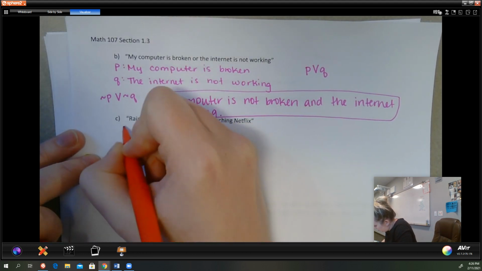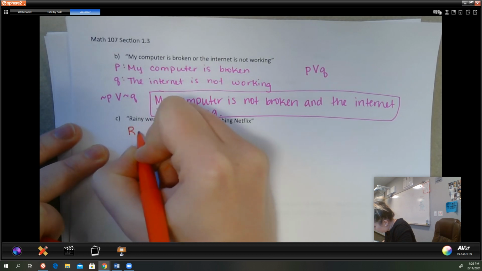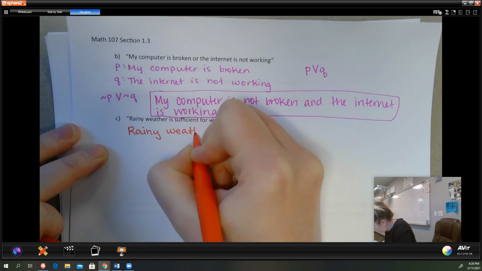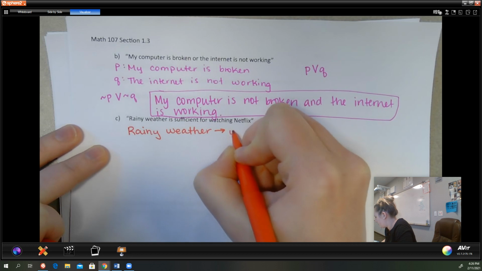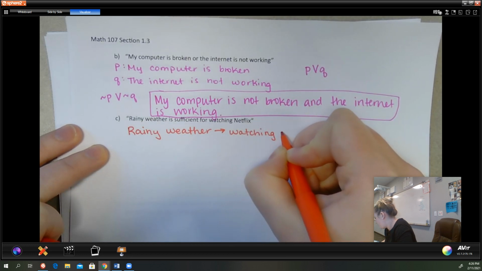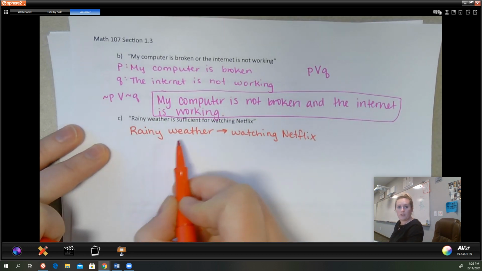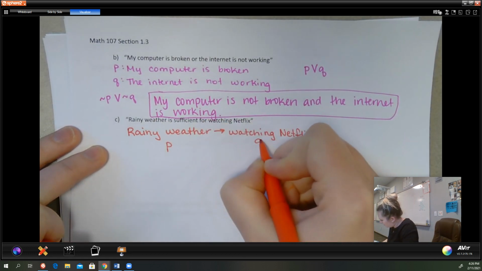So rainy weather is sufficient for watching Netflix, or we can write this as rainy weather implies we're watching Netflix. So this is P, this is Q.